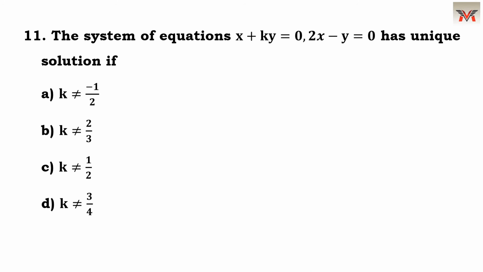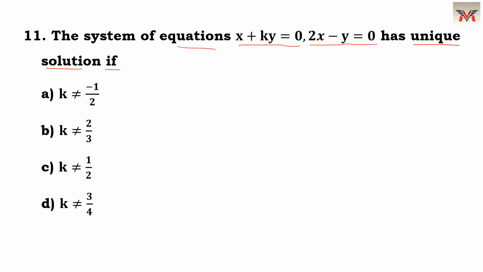The system of equations x plus ky is equal to 0 and 2x minus y is equal to 0 has a unique solution if... So here, out of the given options, we have to select the value of k for which, if k is not equal to a particular value, we'll get the unique solution.